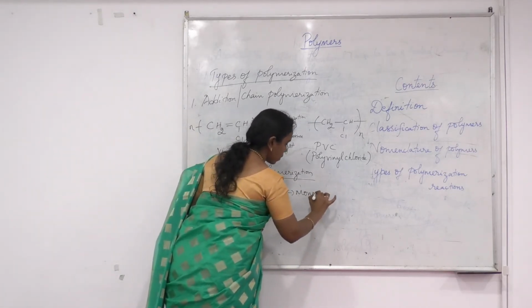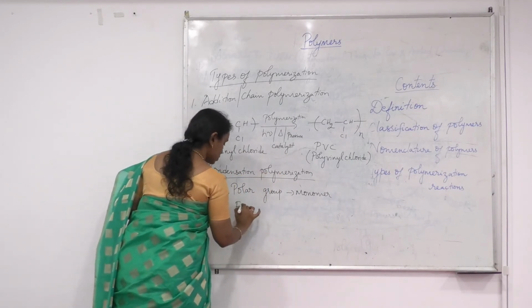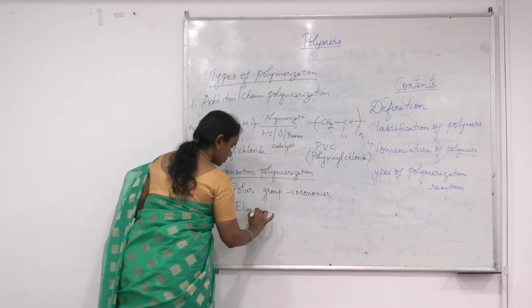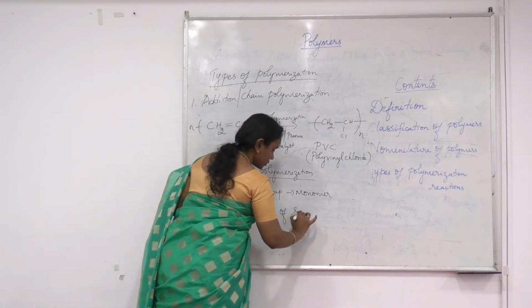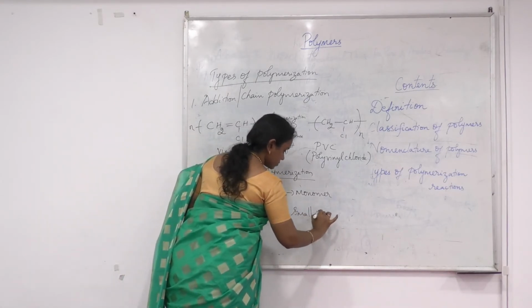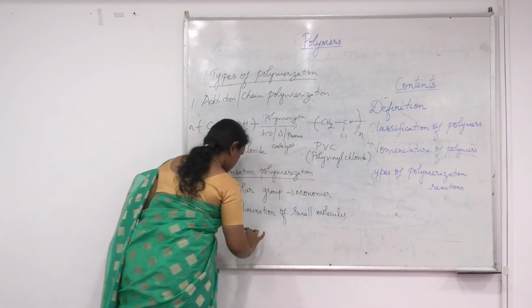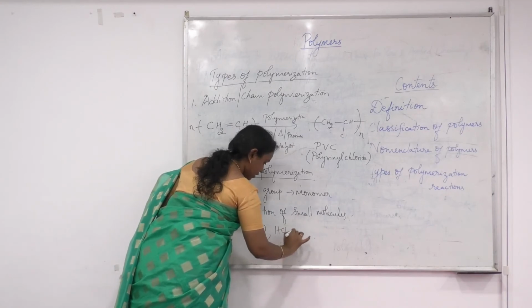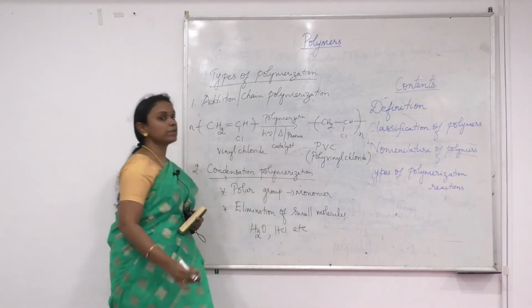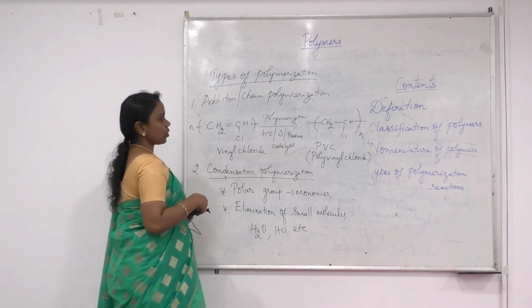Monomers should have small polar groups, and there will be elimination of small molecules such as H2O, HCl, etc. Some small molecules are eliminated in this reaction. I will give you an example of condensation polymerization.